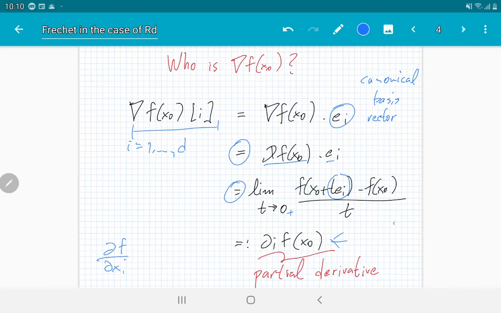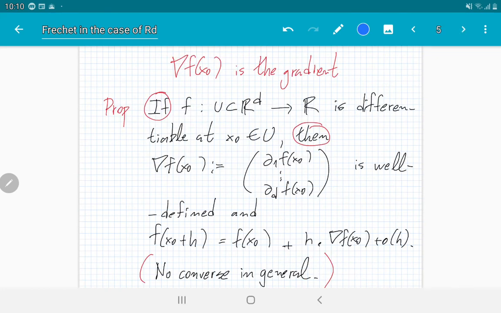Well, actually, I have already proven a minor result about this Fréchet derivative, which is this. We figured out that the coordinates of this mysterious vector, the gradient, are given by the partial derivatives. So we've seen that if f is Fréchet differentiable at x naught, then we have this vector of partial derivatives. It has to be well defined, right?